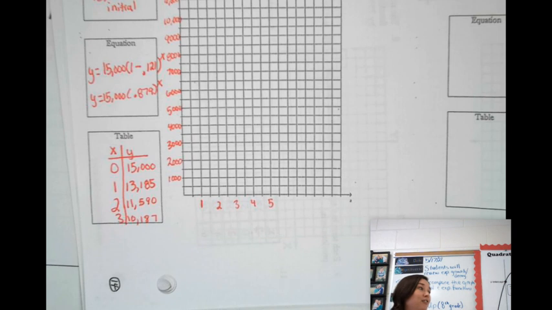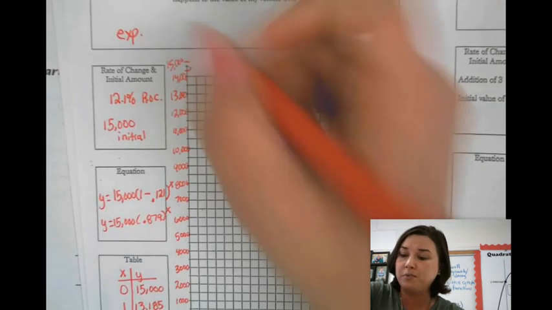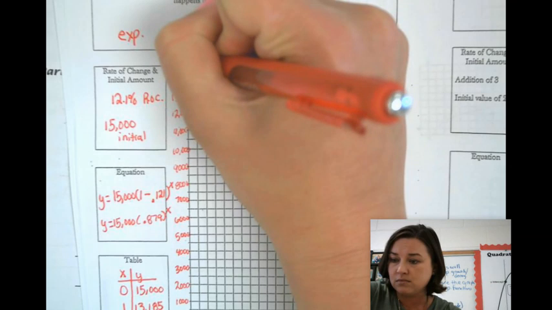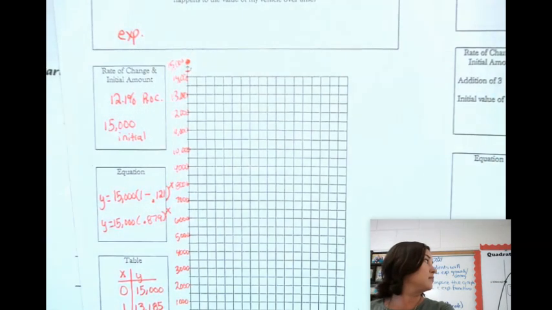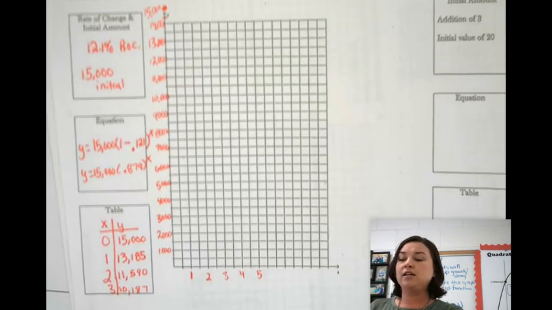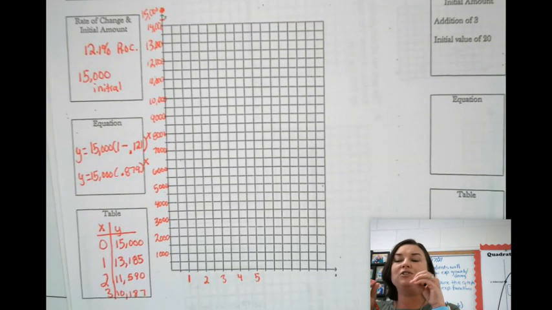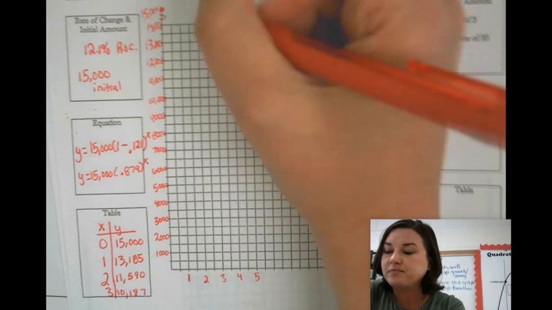And then how do I graph it? Just plot the points, plot the X and Y. So at 0, 15,000, I put my first point. At 1, 13,185. That just means you just go a hair above 13,000. Not a lot, just a little bit.